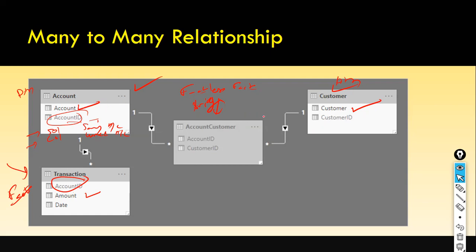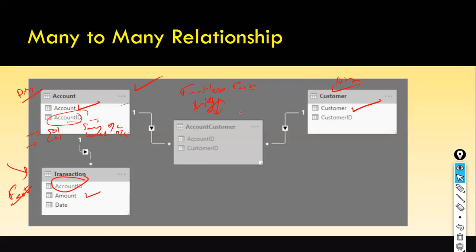But to join these two tables, we don't have any direct relationship. I cannot use this table to filter this table, because both of them are many to many. At the dimension level itself, we have a many-to-many relationship, customer dimension and account dimension.